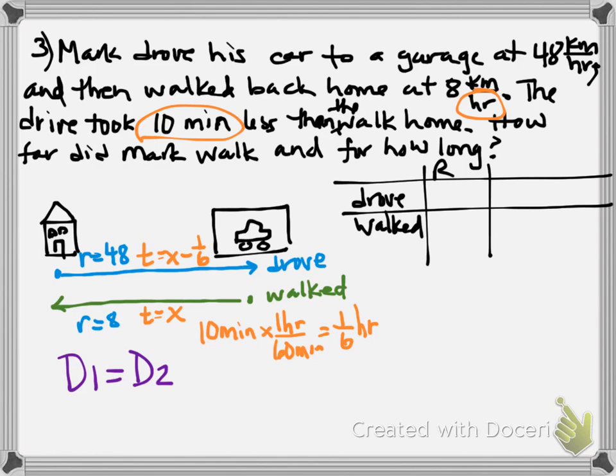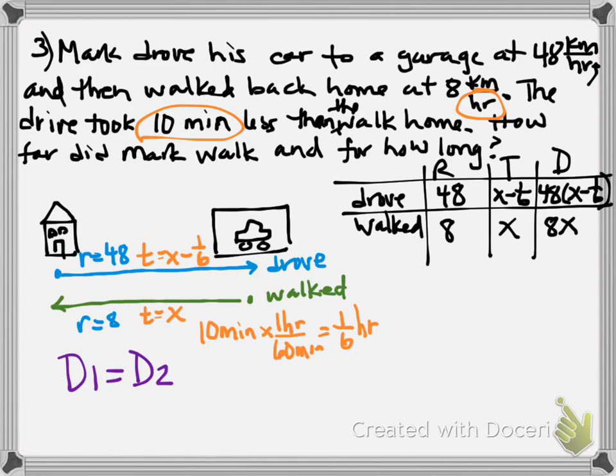We have rate, we have time, we have distance. We have 48 for the rate he drove, 8 for the rate he walked. Time for driving was x minus 1/6, and time for walking was x. So the distance for driving would be 48 times the quantity x minus 1/6, and for the walking it would be 8x.